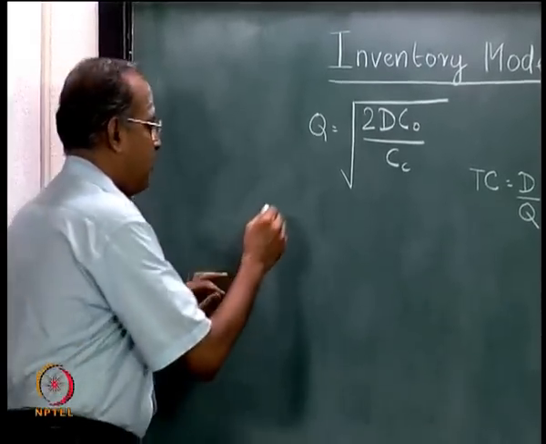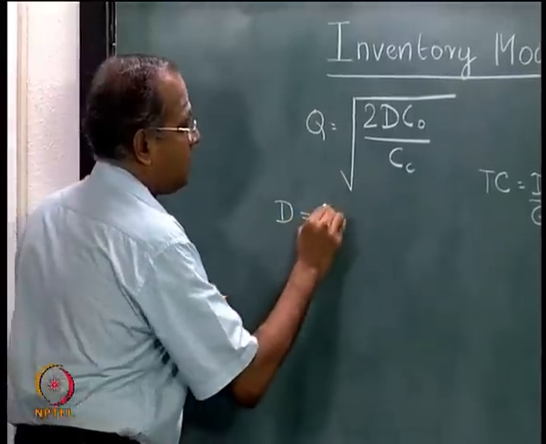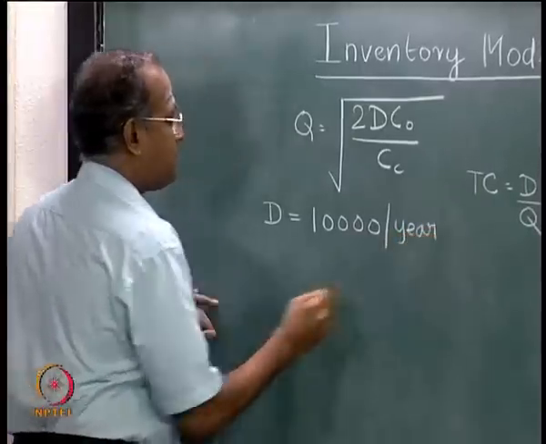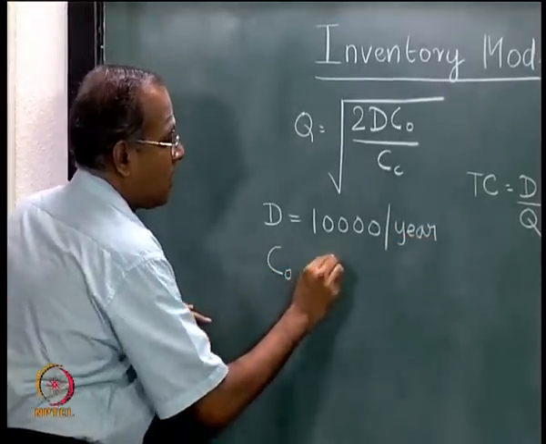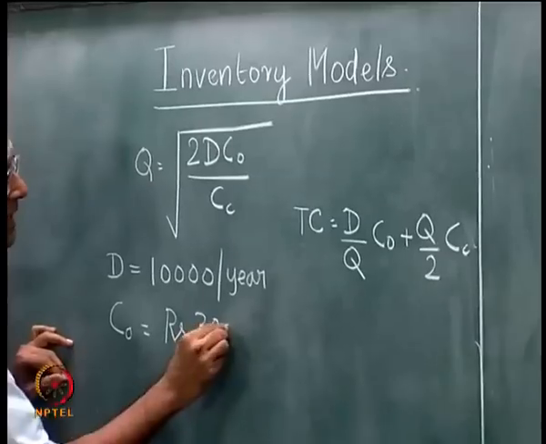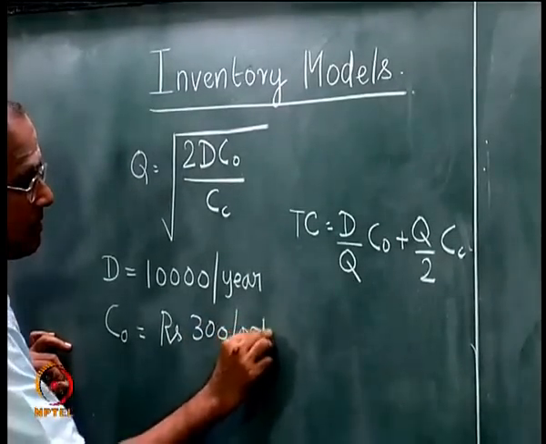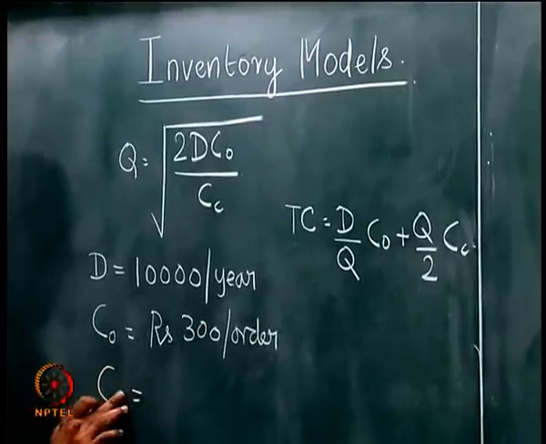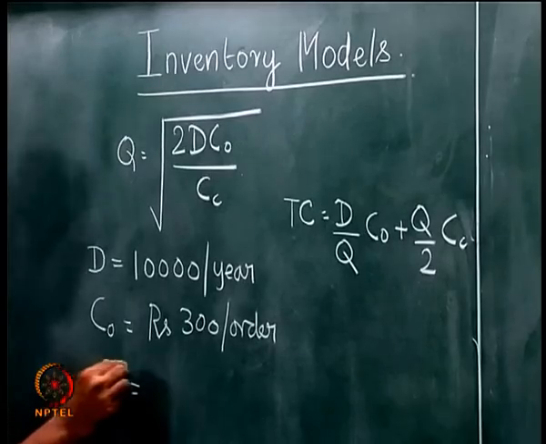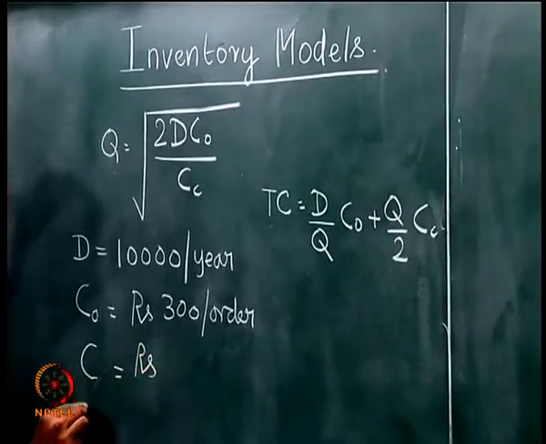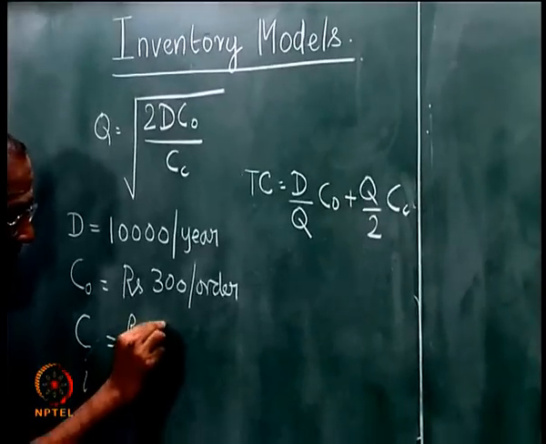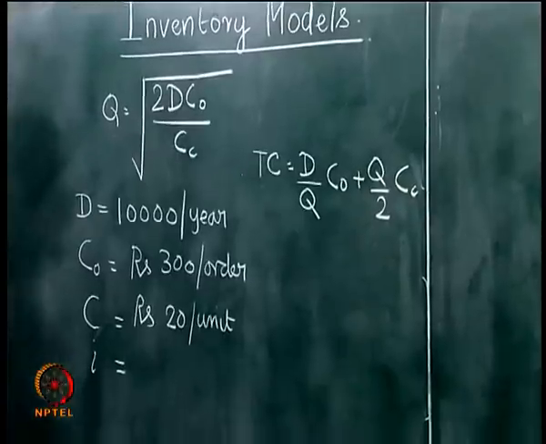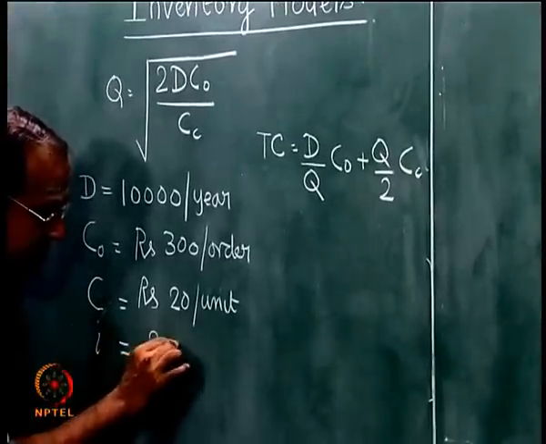Let us take an example where D, which is the annual demand of the item, is say 10,000 per year, C naught, which is the ordering cost, is say rupees 300 per order, C, which is the unit price of the item, let us say is rupees 20 per unit, and I is the interest rate, which let us say is 20%.